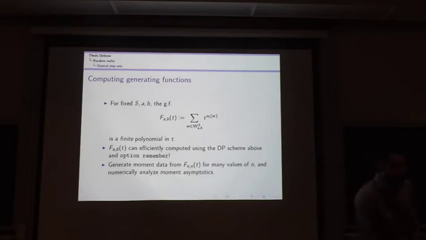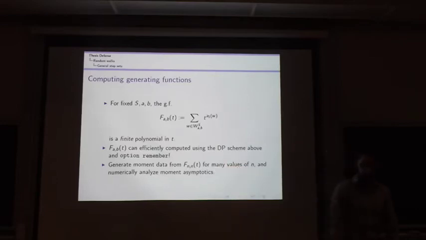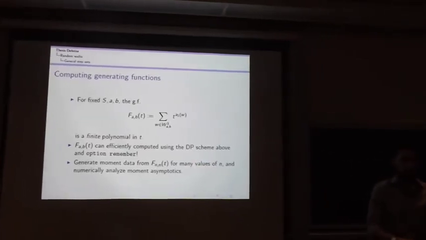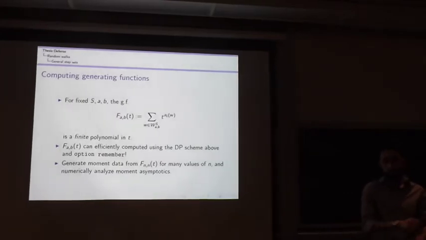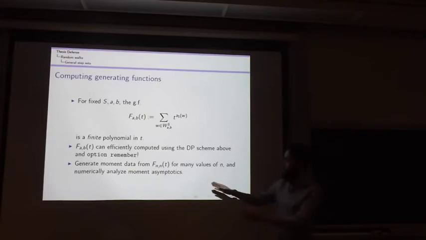You need to keep track a little of how your statistics change, but it's doable. And Maple has this thing where all you need to do is include option remember, and it automatically will make a little table and store the previous results. So it's not going to be exponential time, because it stores the previous values of your function when you do your recursion.